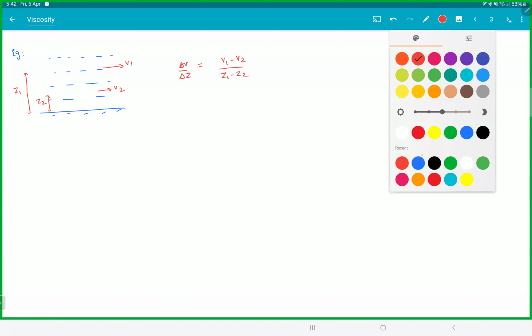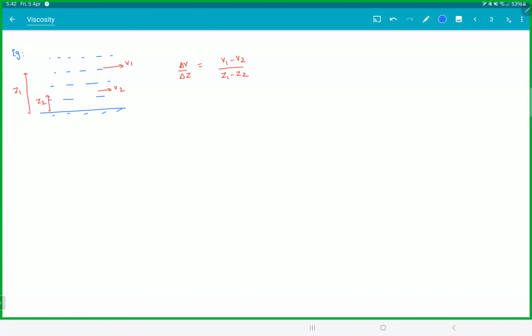That's what I mean by velocity gradient for thin layers. This is valid for thin layers. For thin layers, we can assume dV by dz is constant. For thick layers, it is not.